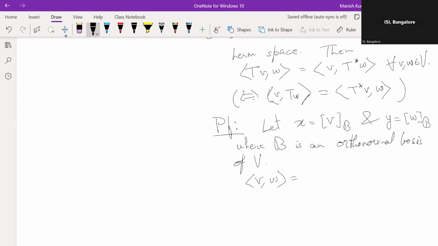If X is the coordinates of V, B is an orthonormal basis for this pairing. So what is the matrix of the pairing with respect to B?